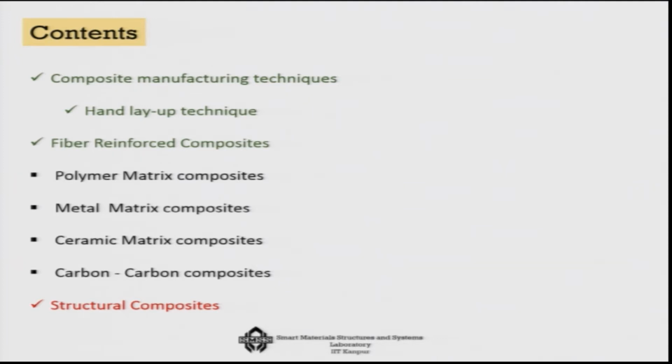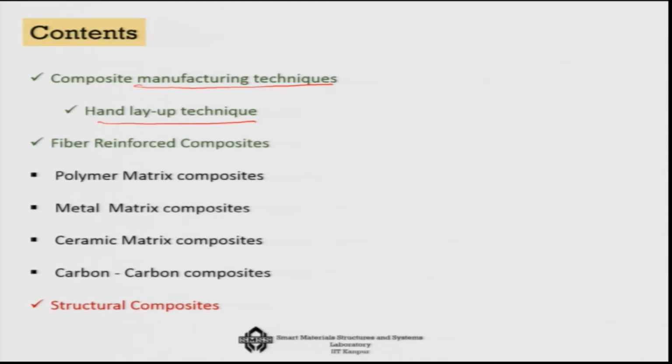So, what we propose to study now is first of all a very quick overview of composite manufacturing techniques with a special emphasis on the hand layup technique. There are 2 other techniques also, resin transfer molding and pultrusion, which I will just very briefly mention.